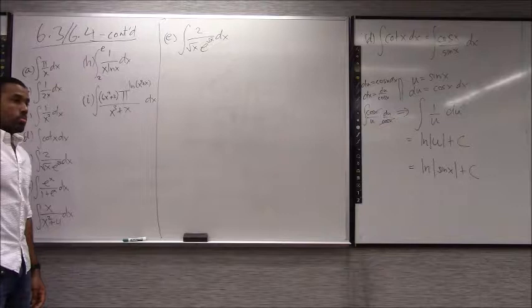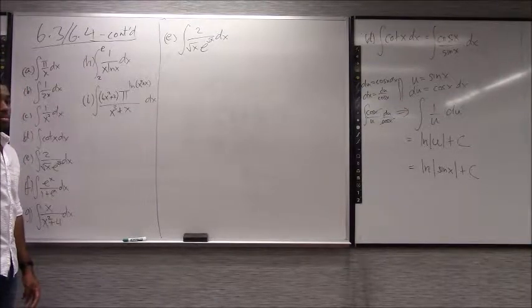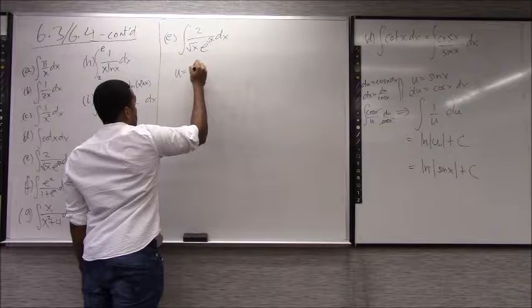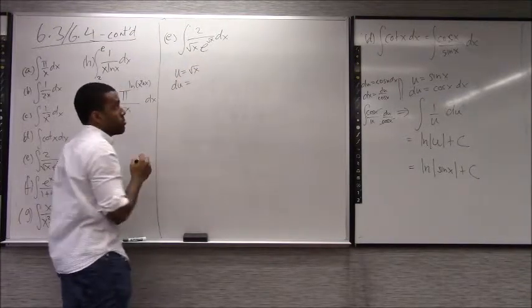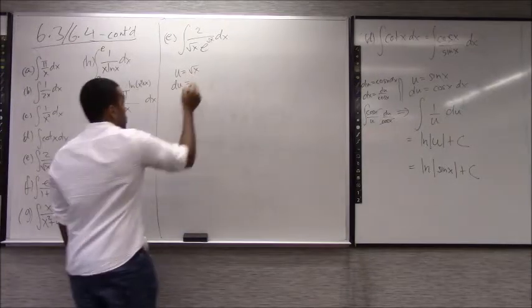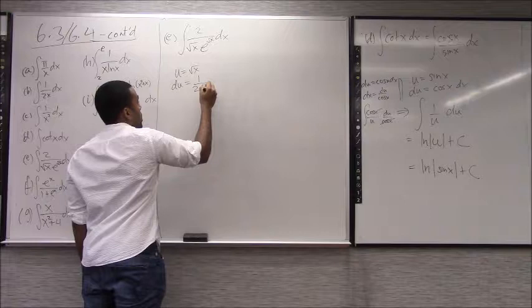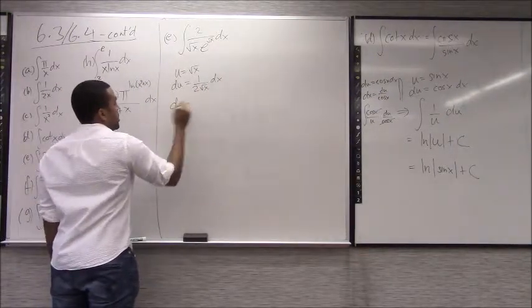Ideas for this one? Set u equal to the square root of x. Then du would be 1 over 2 radical x. Yeah, so you can solve for the dx.